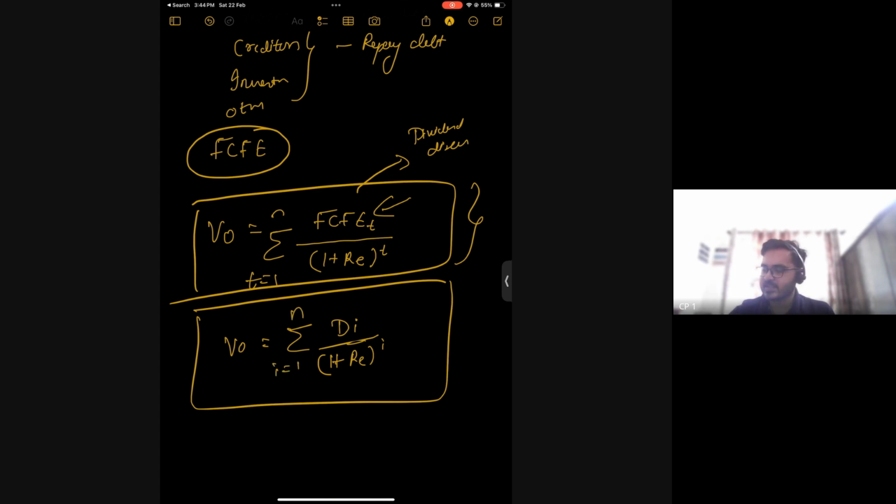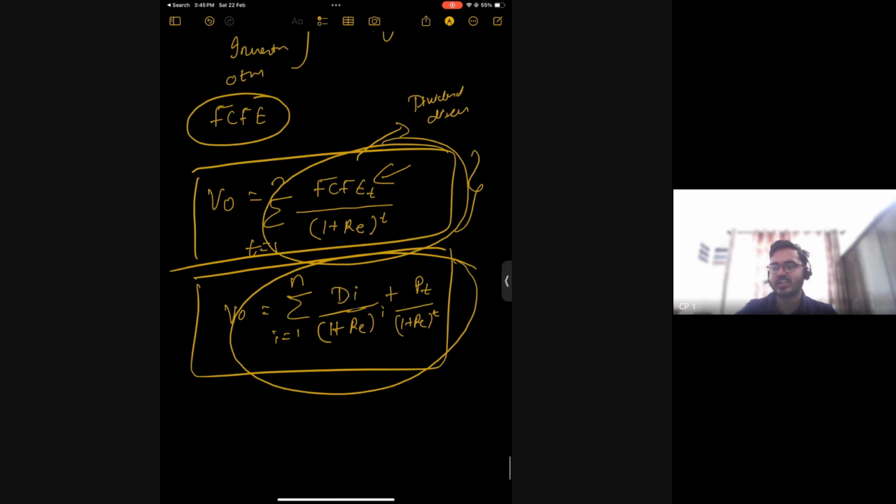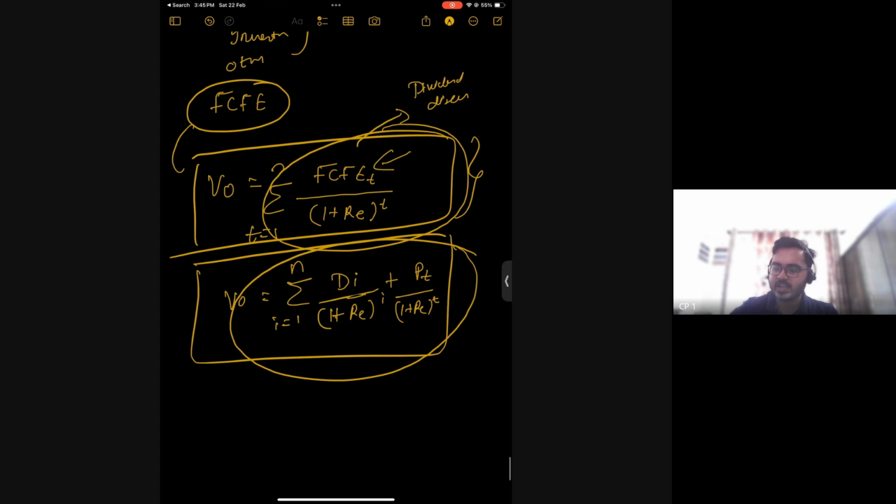And in case of dividends, I also add up the last price. So price at time t divided by 1 plus RE to the power of t or n, whatever it is. So here I'm discounting all the dividends. Here I'm discounting all the cash flows. That's the only fundamental difference between free cash flow for equity and dividend discount model.